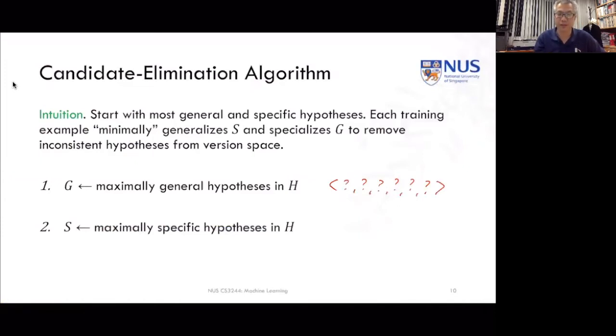And a maximally specific hypothesis with an S, which would be nulls everywhere, which basically means I hate all of the drinks. So this means everything is positive, and this one means all negative.